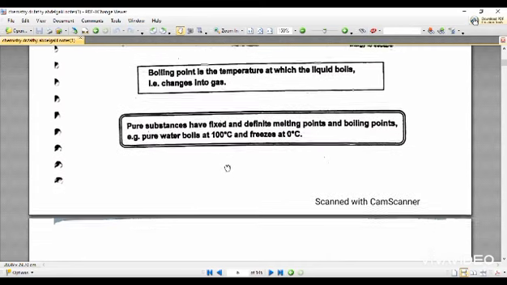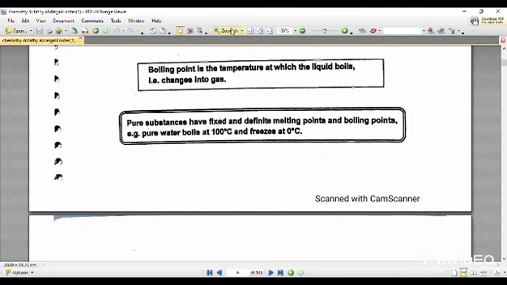points. But what about if the substance was impure? If the substance was impure, that means that it will not have a fixed melting point. What does it mean, fixed melting point?